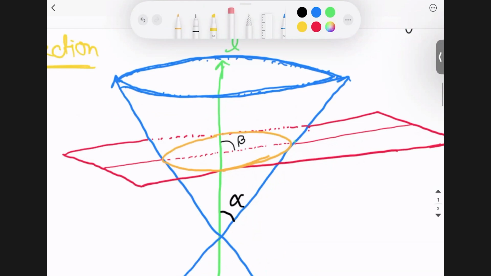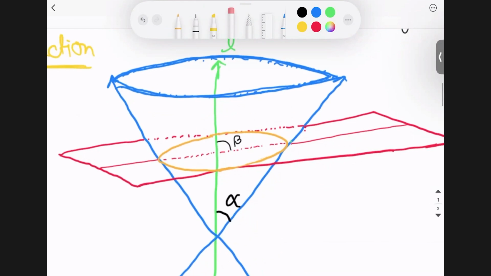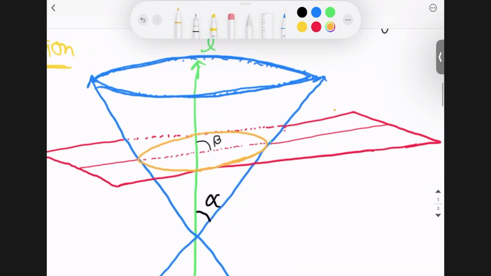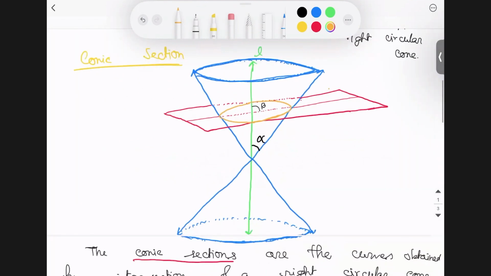Note this part. Okay. So this is called the conic section.